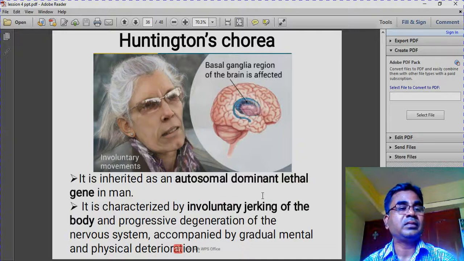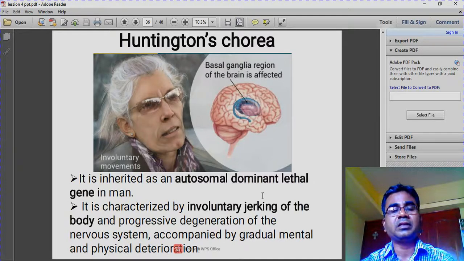Lethal means it will cause death. The symptoms of the disease are involuntary jerking of the body and progressive degeneration of the nervous system, with mental and physical deterioration.